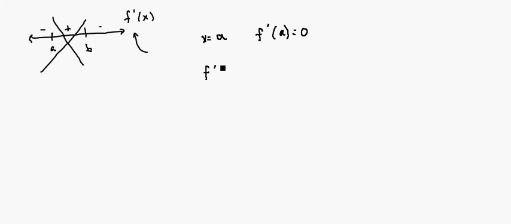If we then know the sign of the second derivative, let's say the second derivative was negative, what would we know? We'd know that the function was having a plateau, due to the first derivative being 0. And we'd know that the graph was also concave down there, so the tangent line would need to lie above it. So what we would know is that we would have a relative maximum.